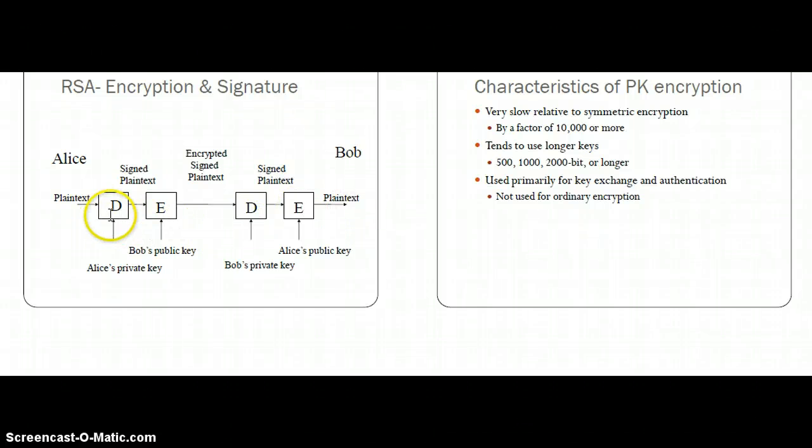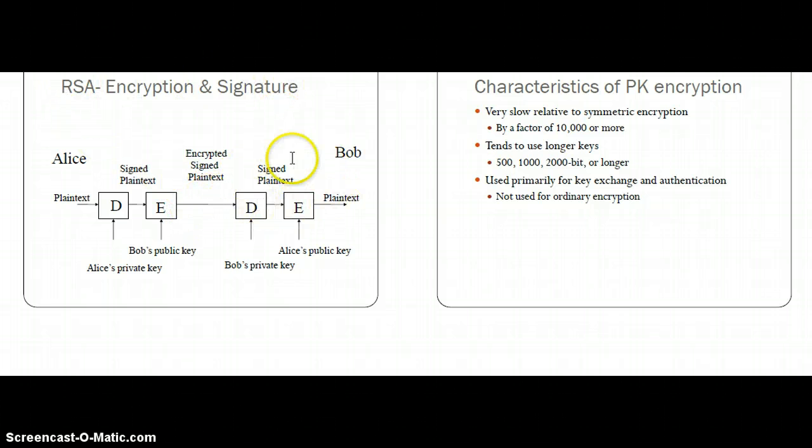The first step is encrypting the message using Alice's private key, so the source signs the message with its own private key. Then the signed message is encrypted using Bob's public key, the receiver's side. The output is a message that is signed and encrypted.